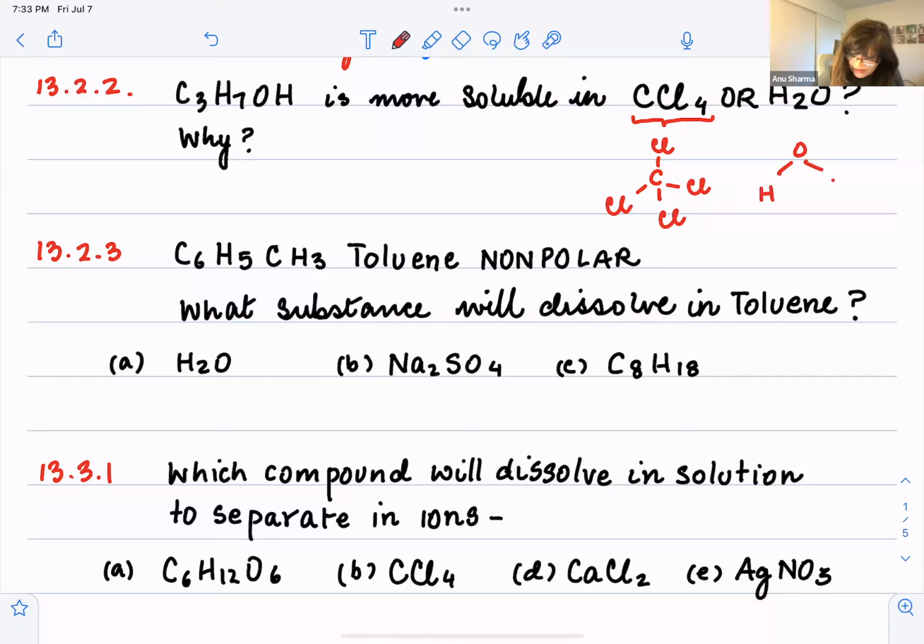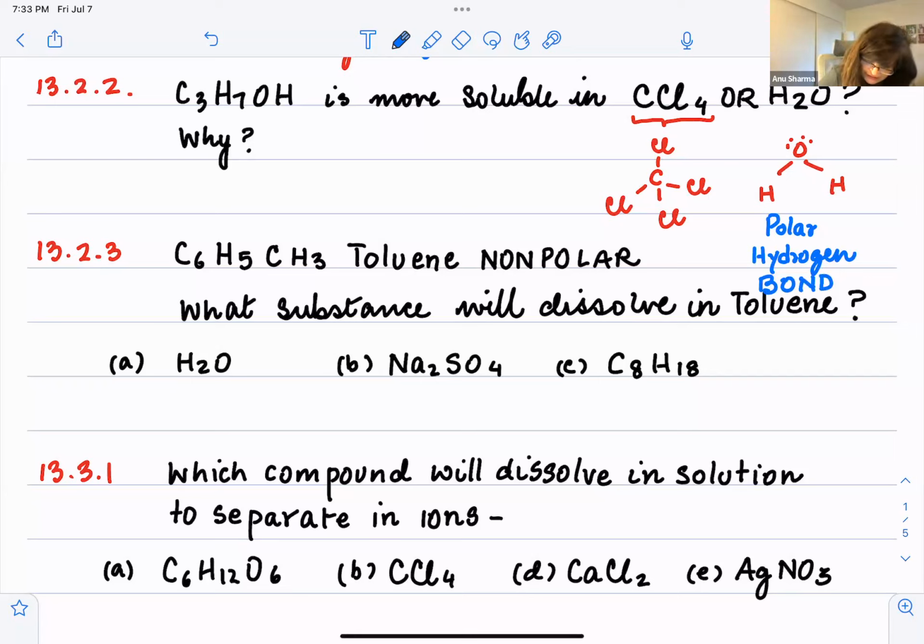Now, there is a very unique difference between these two. Water is polar, and water has hydrogen bonding. Why does water have hydrogen bonding? Because of the presence of OH.